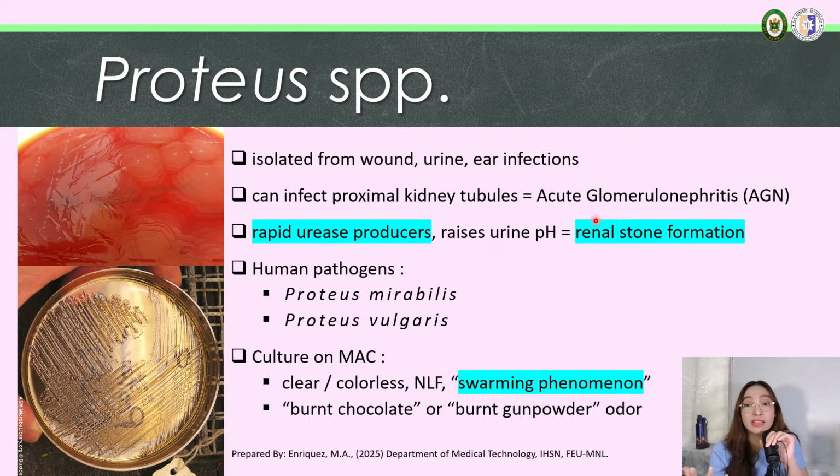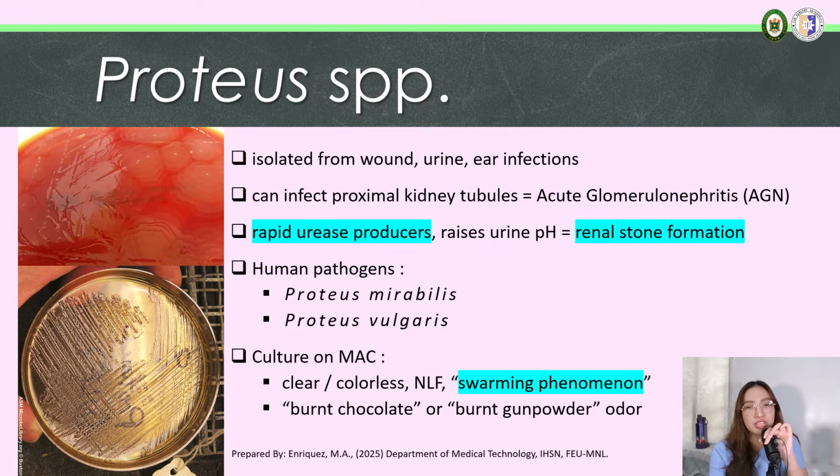Kapag may urinary tract infection ang isang individual na Proteus yung may kasalanan, maaari din po itong mag-progress into renal stone formation.